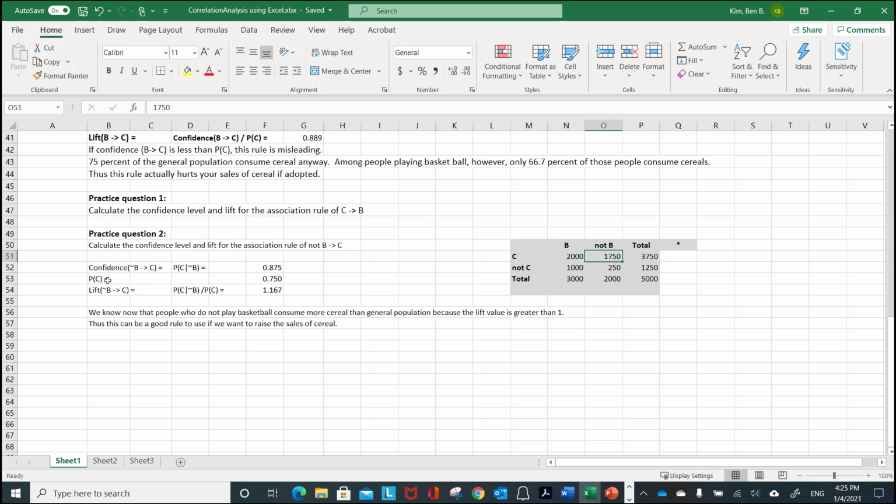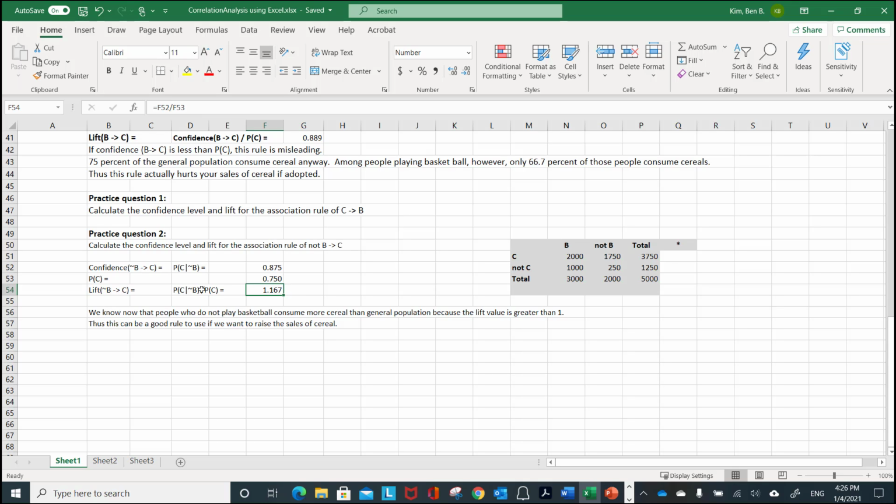And then the probability of cereals in the general population is 3750 over 5000, 3750 divided by 5000, that's 0.75. So lift for not B implying C is this confidence divided by the probability for C. So that is 0.875 divided by 0.750. That's 1.167. So this is greater than 1.